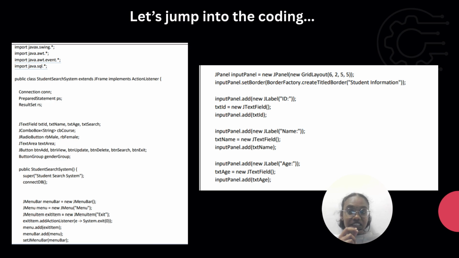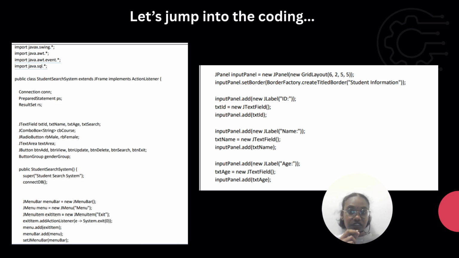Then we declare the main class StudentSearchSystem to extend JFrame and implement ActionListener. This allows us to create the main window and handle button actions.